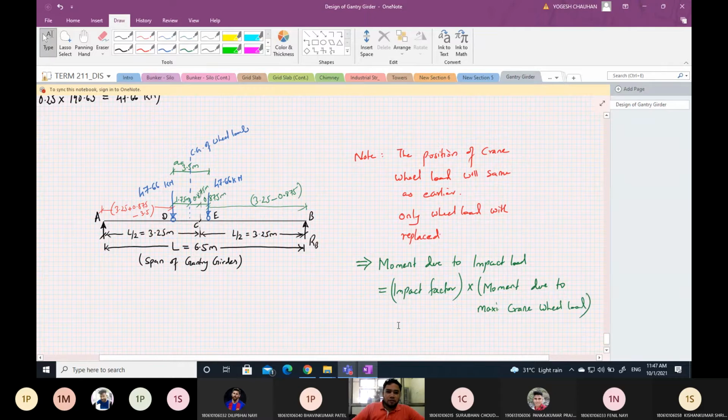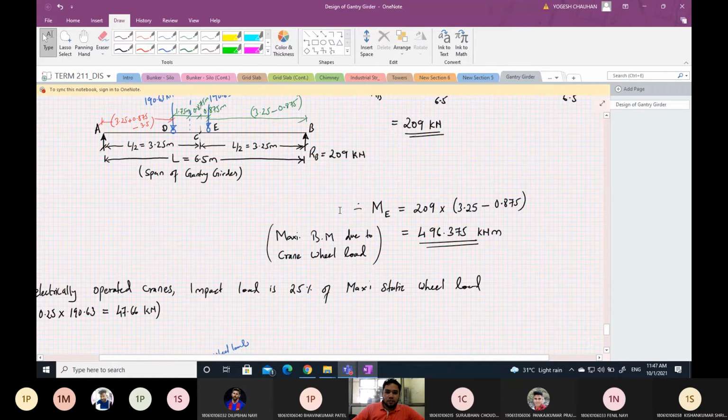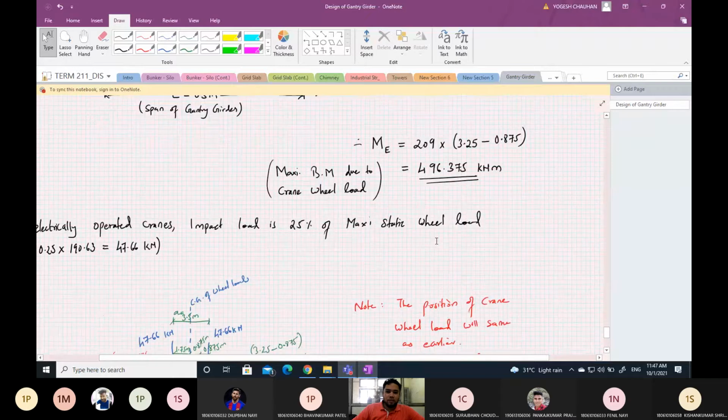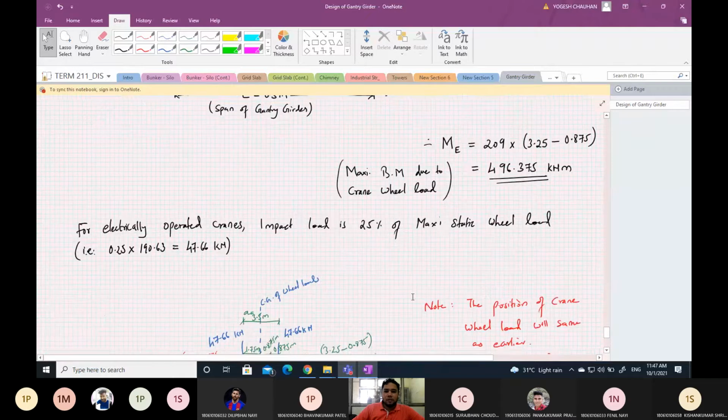So simply, instead of finding this reaction and finding the moment again, you can just take this moment multiplied by the impact factor. That will give you the moment, because we are interested in the maximum bending moment only.